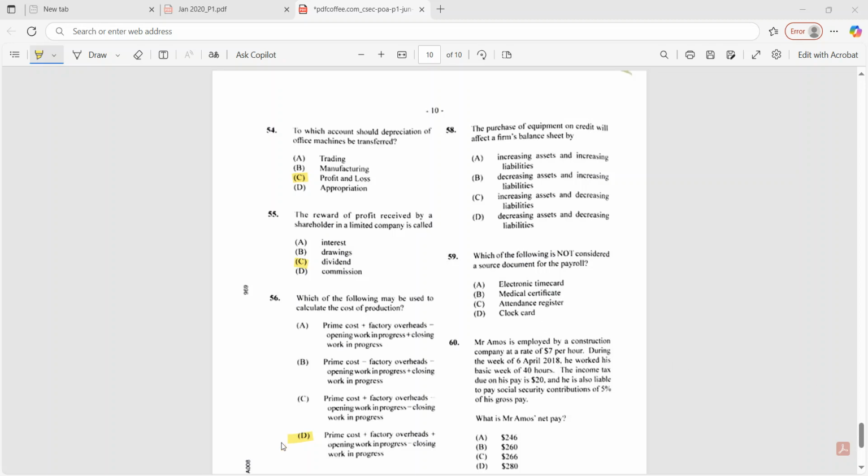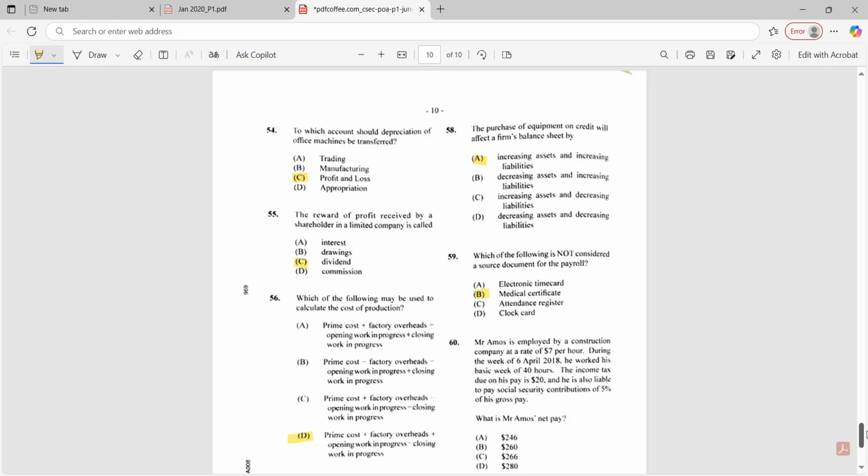And that is A, increasing assets and increasing liabilities. 59, which of the following is not considered a source document for the payroll? We have an electronic time card, a medical certificate, an attendance register, or a clock card. And that answer must be a medical certificate. We don't need that when we're calculating payroll.